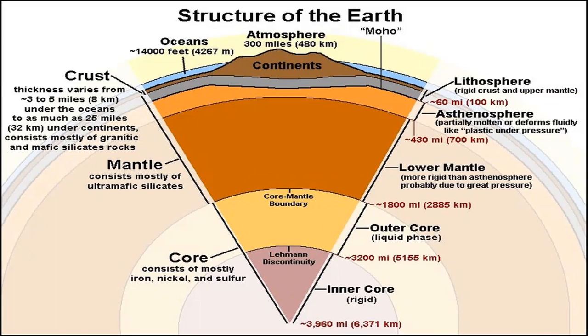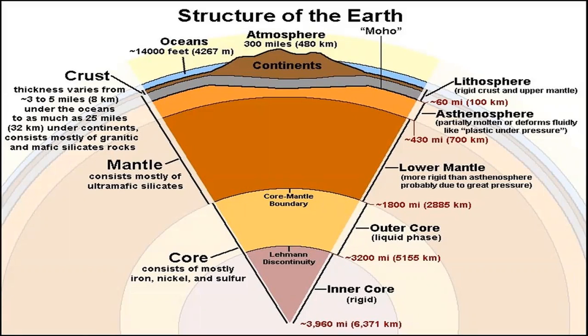The lithosphere is composed of both the crust and the uppermost part of the mantle. It is solid, brittle, rigid, easy to crack, okay, or be broken up. It's what we would call pretty much rock. The upper mantle, still super hot, but it's cooled down enough that it's mostly rock, okay?